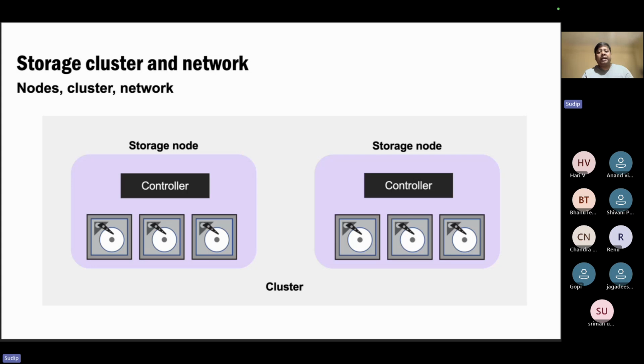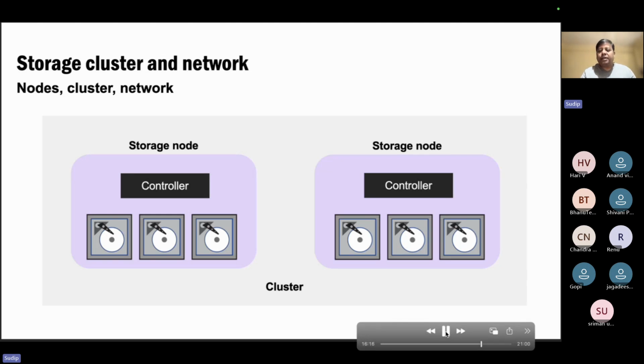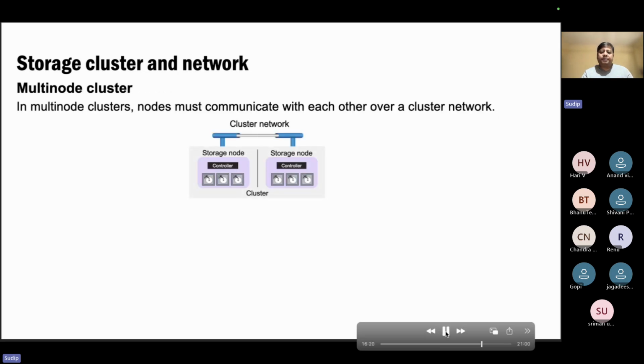So two storage controllers are called a high availability pair. They're also called a cluster, and also called active controllers. All these terms are used, but basically they work in tandem. They work with each other to serve data together.